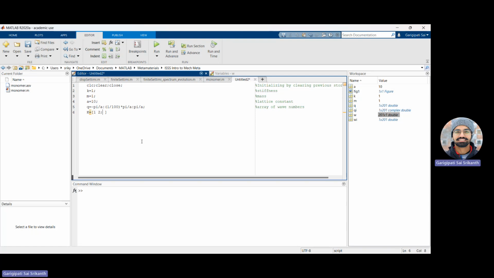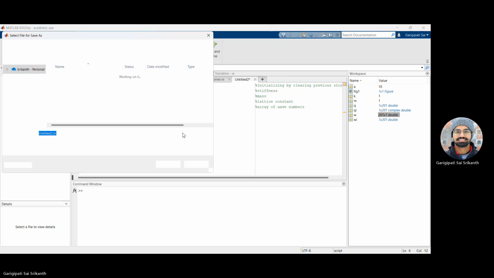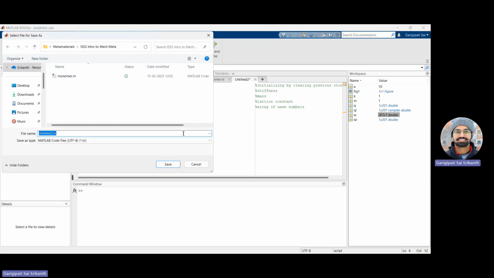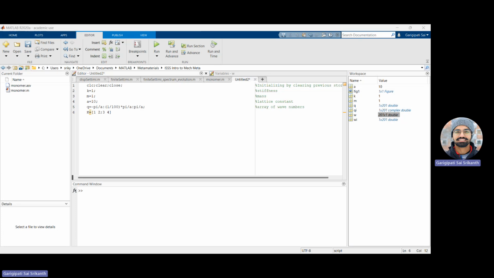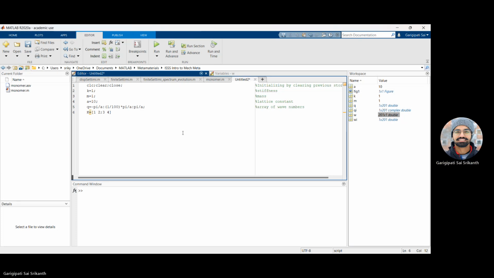Just filling it up. 3, 4. We call it diagonal K. Yeah, so see if you can write the stiffness matrix in this way, 1, 2, 3, 4.